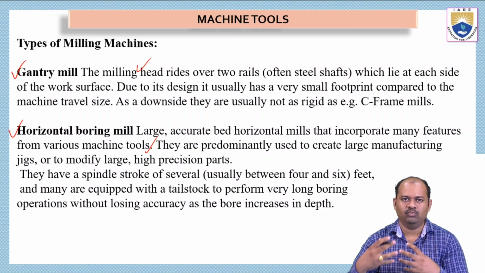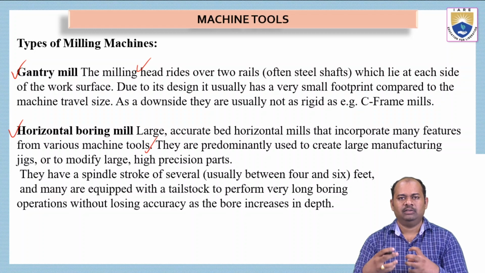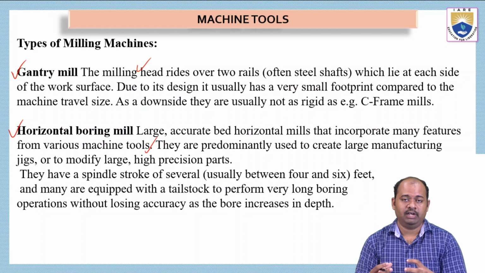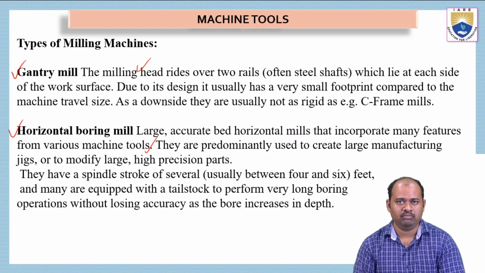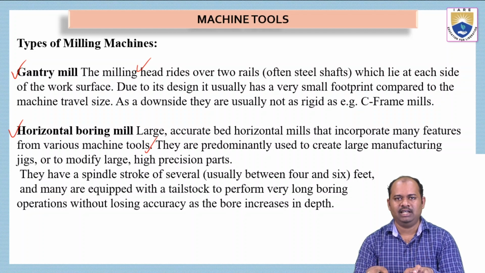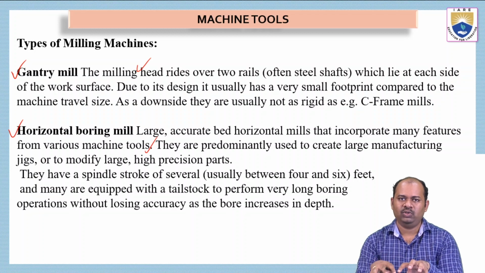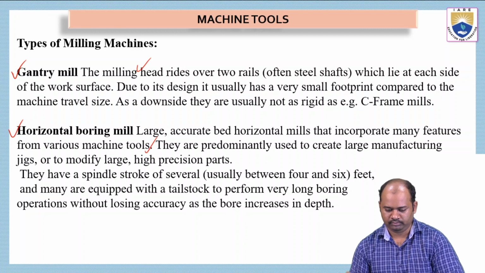Going deeper into the workpiece, we may lose accuracy. But in this horizontal boring mill, we may not lose the accuracy because it is designed in such a way, and it also has a tailstock to support the accuracy. We may not lose the accuracy at any time.